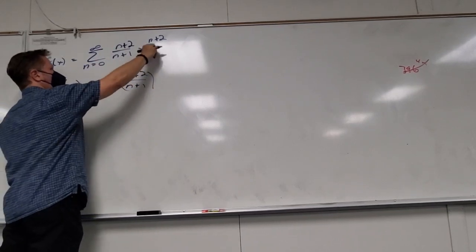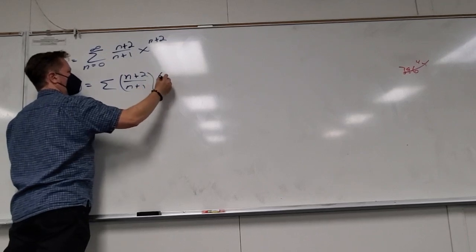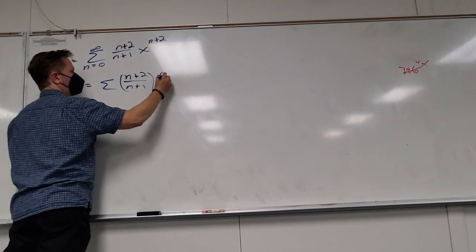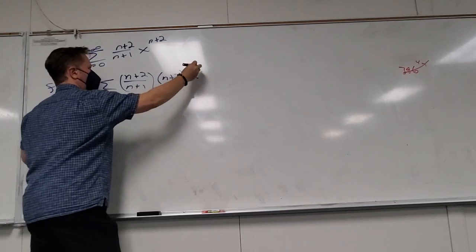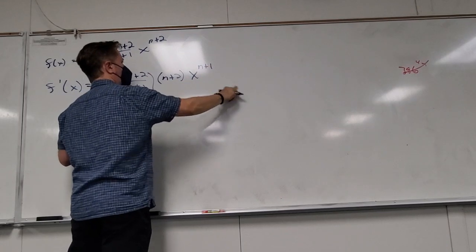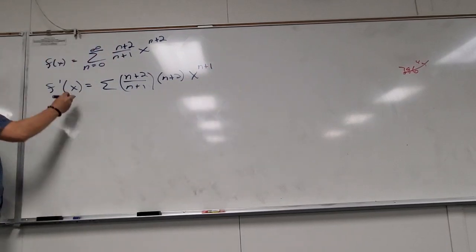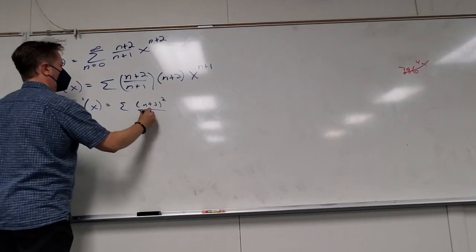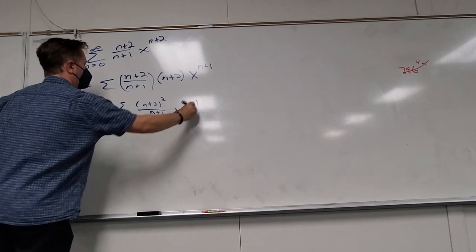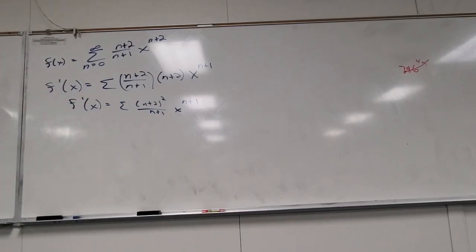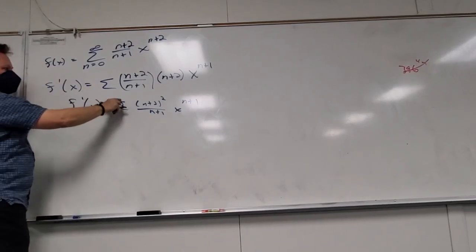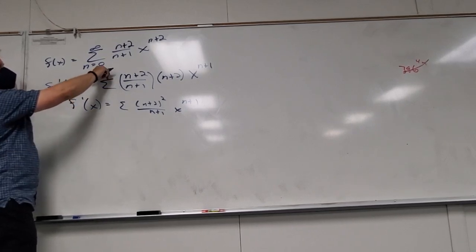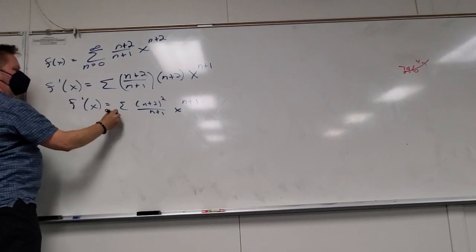What's the derivative of x to a power? The power comes down, n plus 2, times x to the n plus 1. So f prime is the sum of (n plus 2) squared over n plus 1, x to the n plus 1. I haven't put this here yet, but every time you take a derivative, this will start one further.